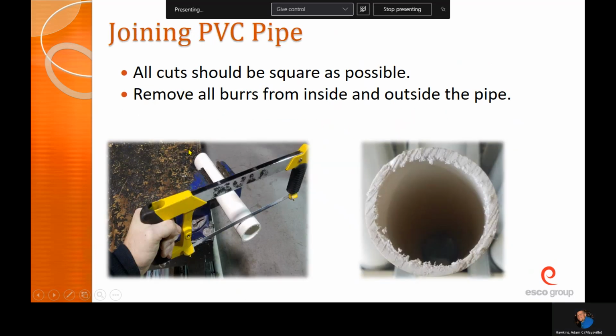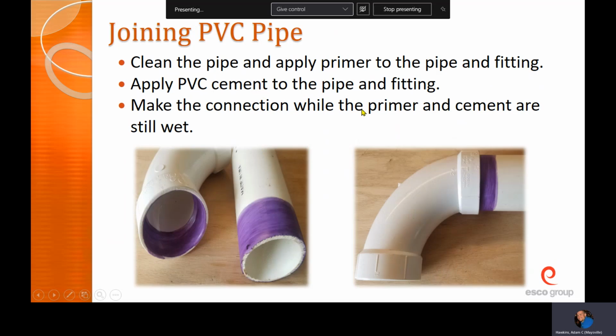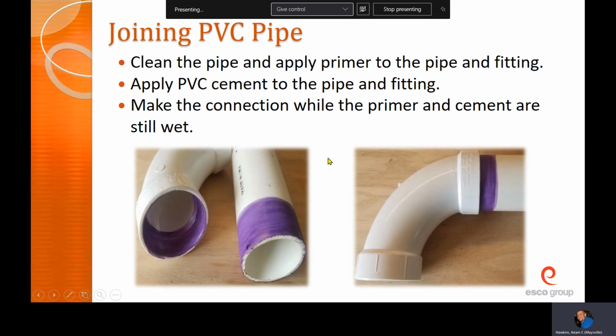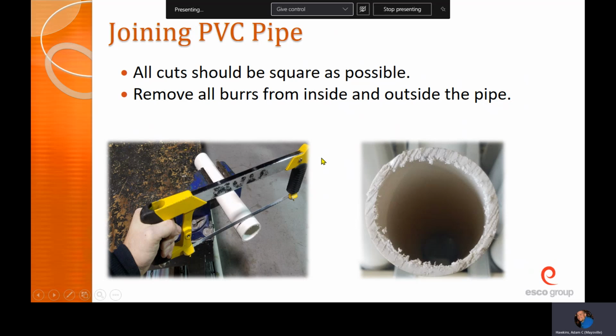When you're doing this, it may seem kind of self-explanatory, but you're going to want to clean up your cuts as much as you can. Use a saw or a Sawzall or whatever. You're usually dealing with 2-inch to 3-inch pipe, and a lot of that depends on manufacturer specs, what they recommend that you install.